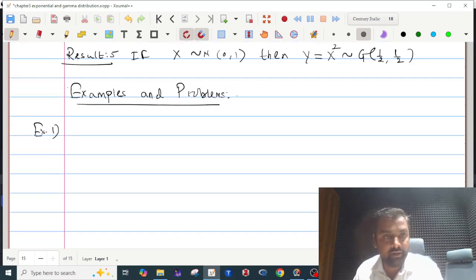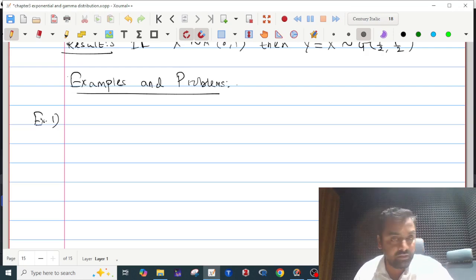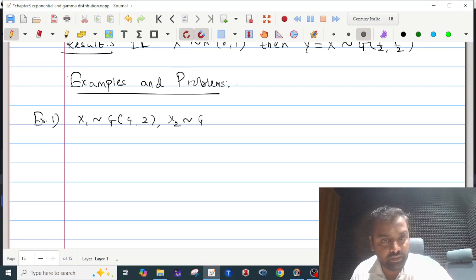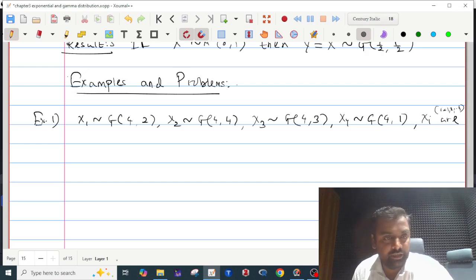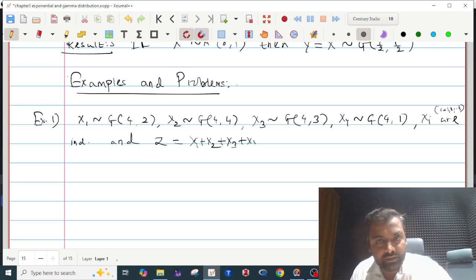Suppose x1, x2, x3, x4 are independent, x1 follows gamma 4 comma 2, x2 follows gamma 4 comma 4, x3 follows gamma 4 comma 3, and x4 follows gamma 4 comma 1, respectively independent, and z is equal to x1 plus x2 plus x3 plus x4.